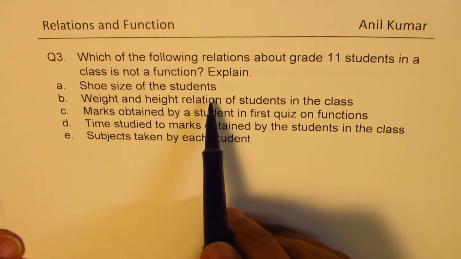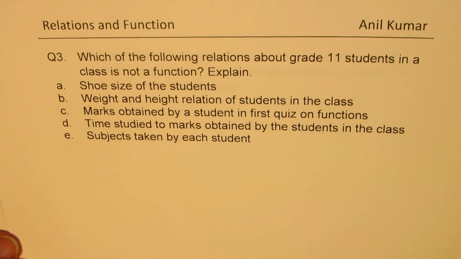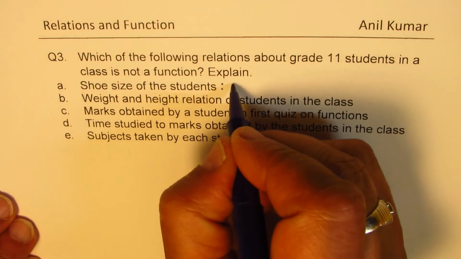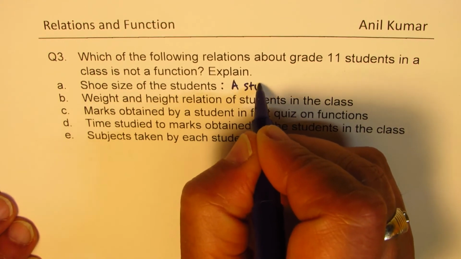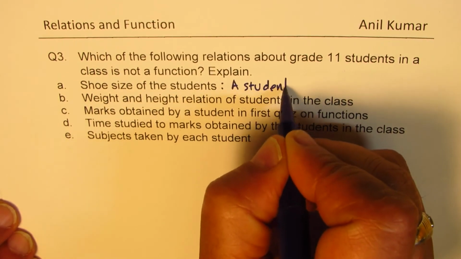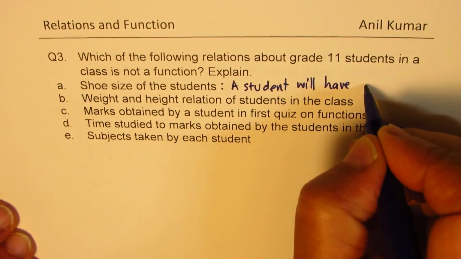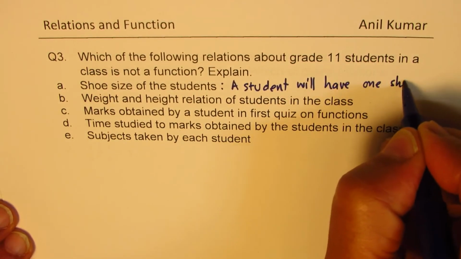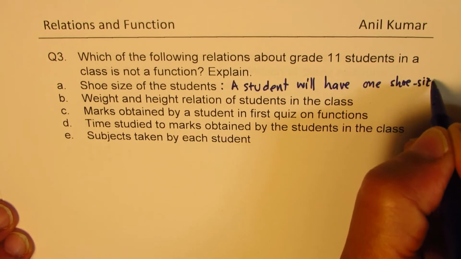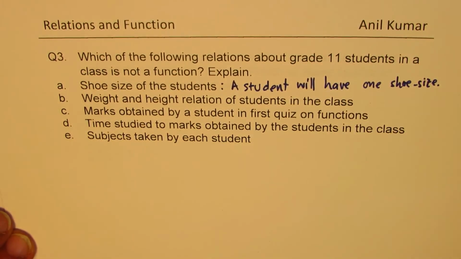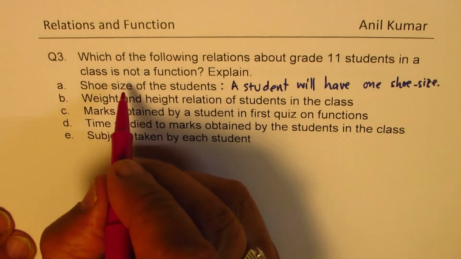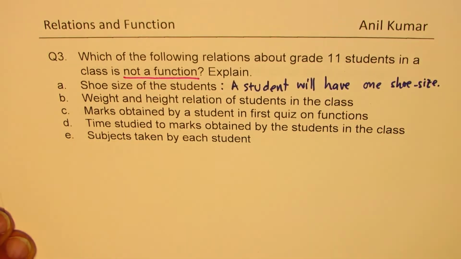So shoe size is different for every student, unique, right? So a student will have one shoe size. So this is a function. Is it okay? We have to say not a function, right? So we are looking for not a function. So the first one is a function.